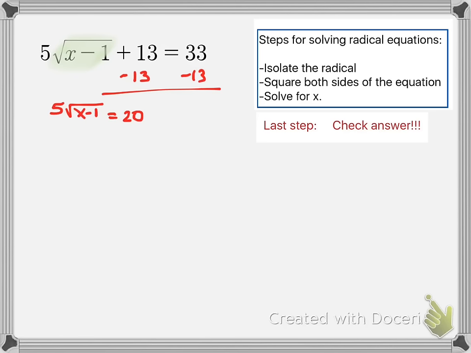After that, what you'd want to do is get rid of the 5. So divide by 5 after that. Then, now that we have our radical by itself, you would want to square both sides.